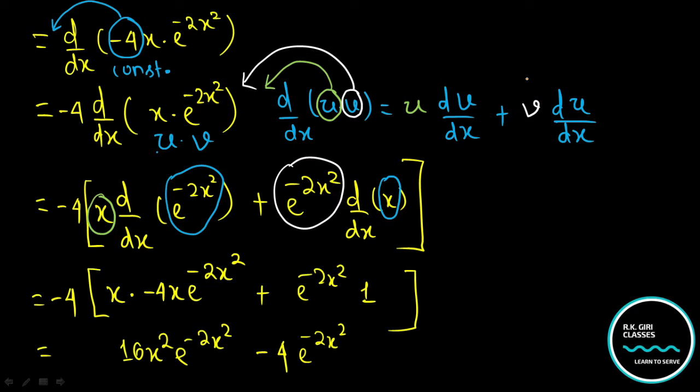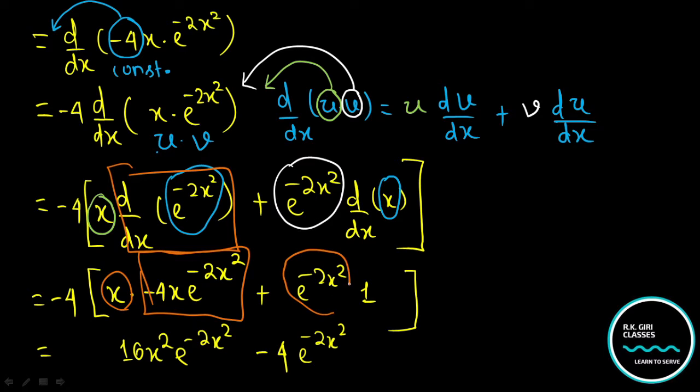So that is u dv by dx plus v du by dx. That is d by dx of e to the power minus 2x square, and already we discussed minus 4x e to the power minus 2x square, that is x into minus 4x e to the power minus 2x square, plus e to the power minus 2x square, and the derivative of x with respect to x will be 1.